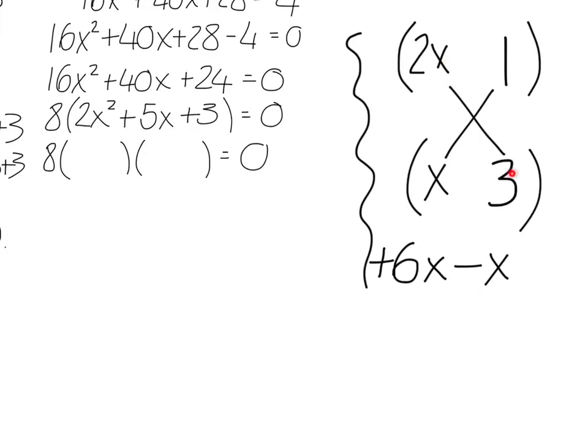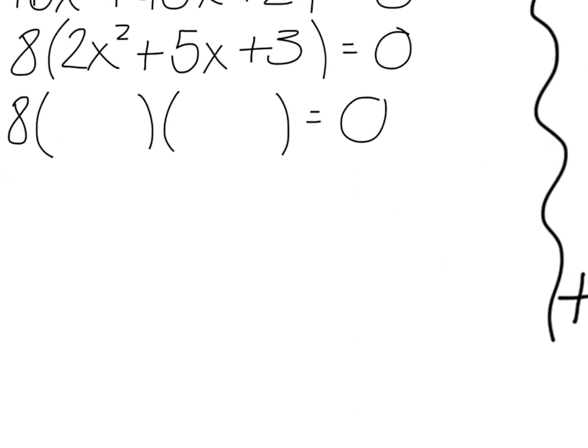So 2x and 3 multiplied to give us plus 6x, which means the 3 has to be positive. And 1 and x multiplied to give us negative x, which means the 1 has to be negative. So that means we have the 2 brackets. We just need to put it back into our main set of working. So we'll bring that back over.